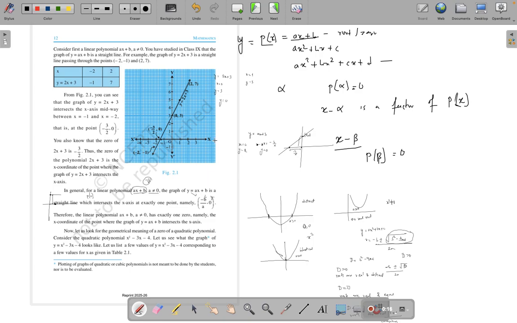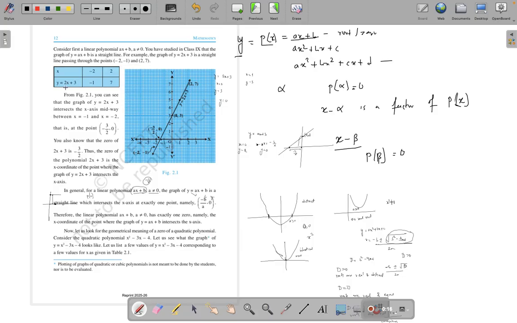So x is an independent variable because you have control over it. Usually the notation is such that y is the dependent variable.